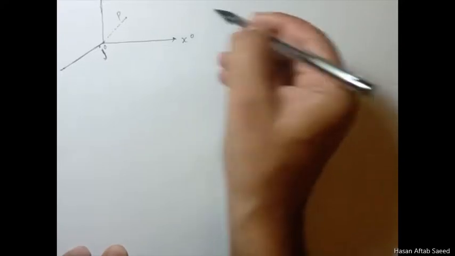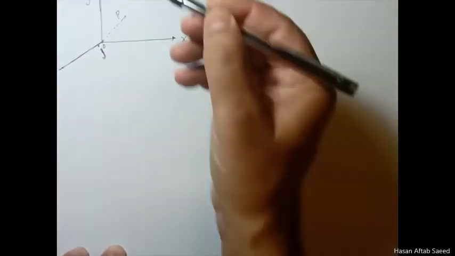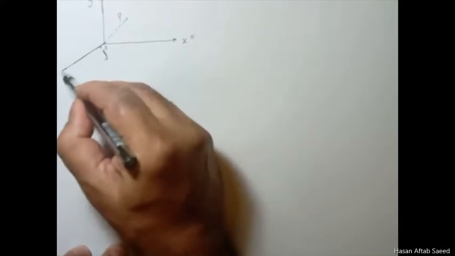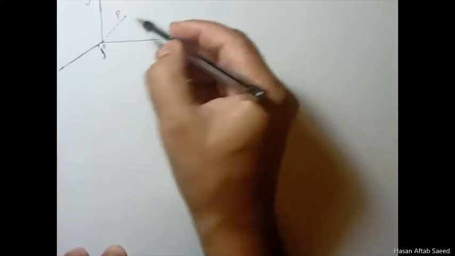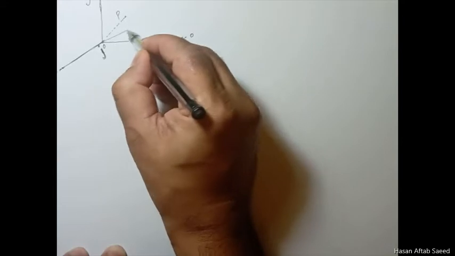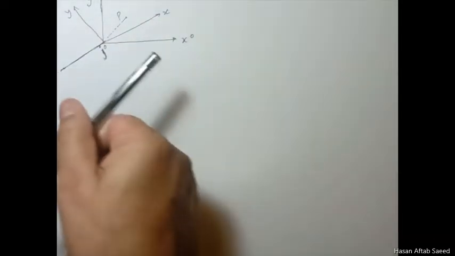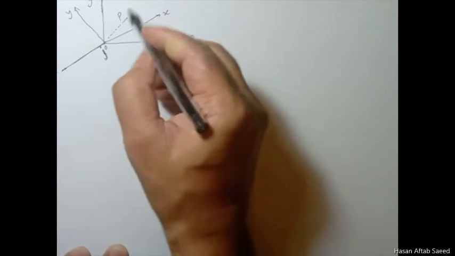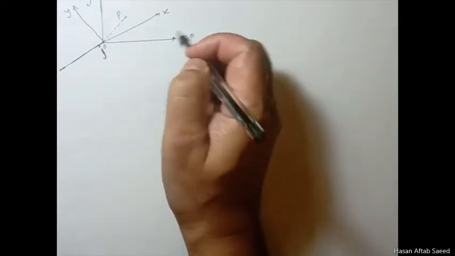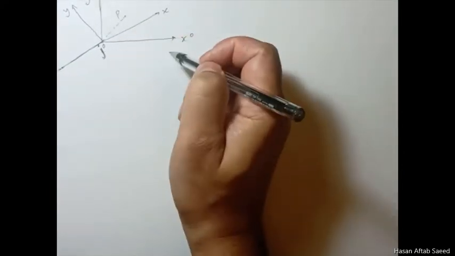This is the global x-axis, this is the global y-axis, and the axis which is parallel to the original orientation of this element is the local coordinate system, x and y. Y is always at 90 degrees to x. So this x, y is the local coordinates, and these x naught, y naught are the global coordinates.